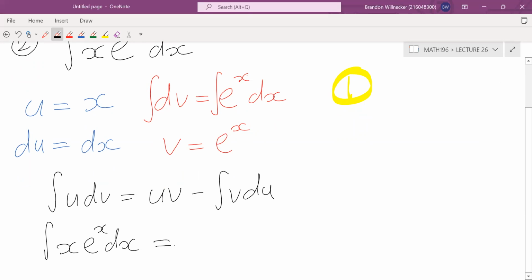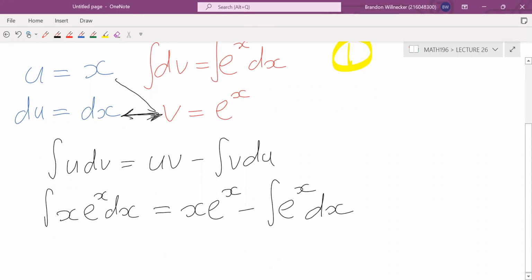That's the integral we want to figure out. U times v, that's that times that, will be x e to the x minus the integral v du. That's these two things over here. So v is e to the x, du is dx. Okay, so it's just substituting in.